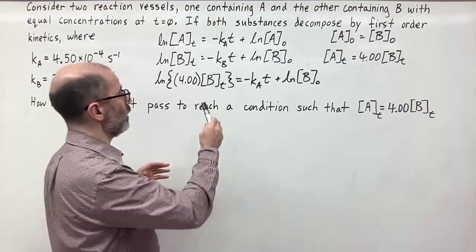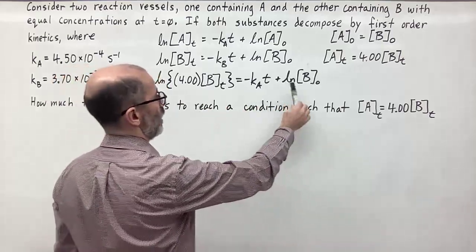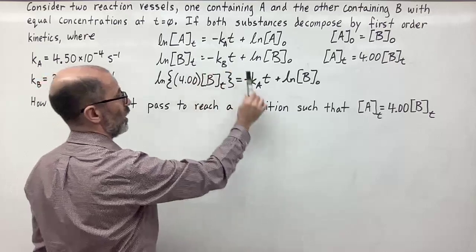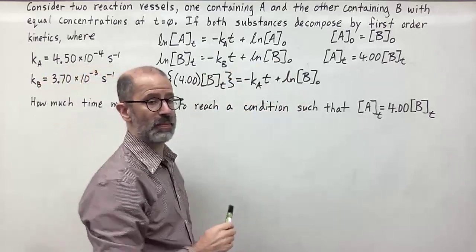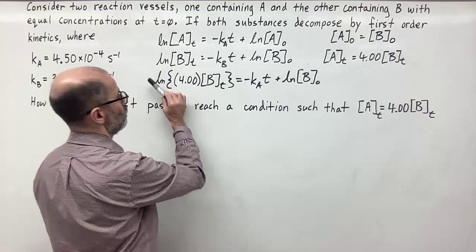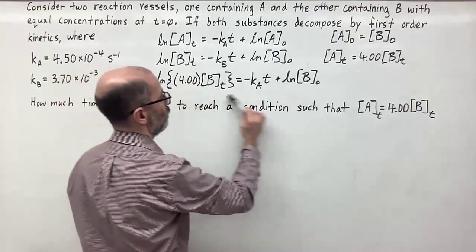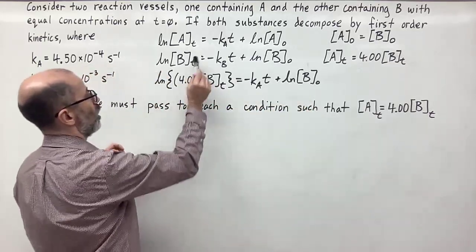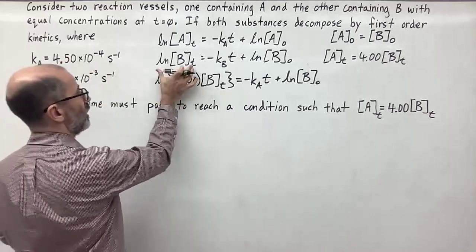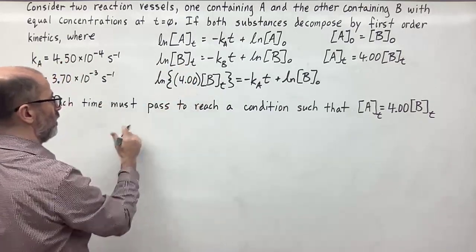So we have a few unknowns, but we can get rid of some of these unknowns by subtracting one equation from the other. I'm going to subtract the bottom equation from this equation here. So it's going to be this minus this.